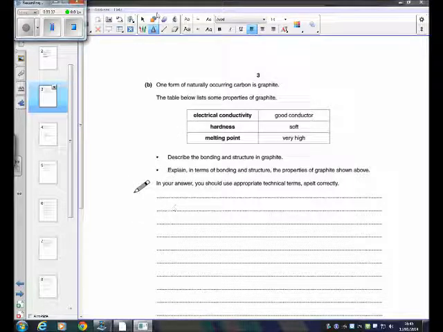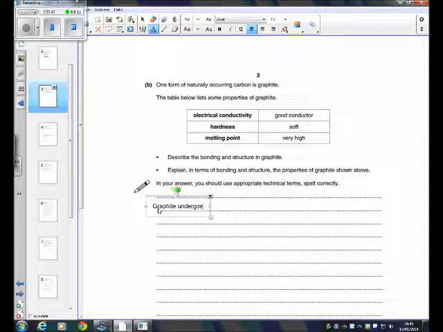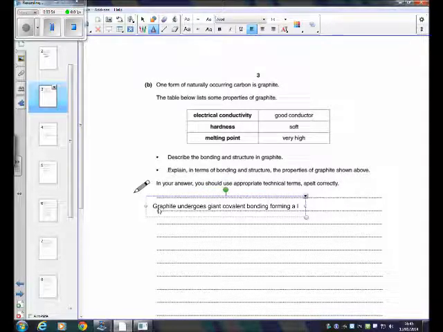Okay. So first thing you need to talk about is what type of bonding and structure graphite has. So graphite undergoes giant covalent bonding, forming a lattice structure which forms layers.